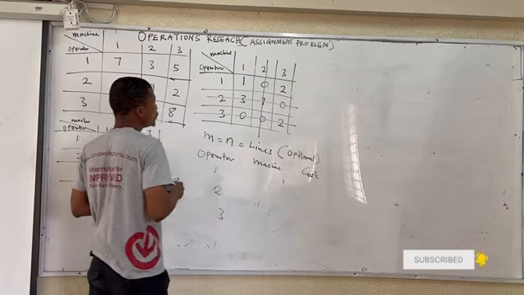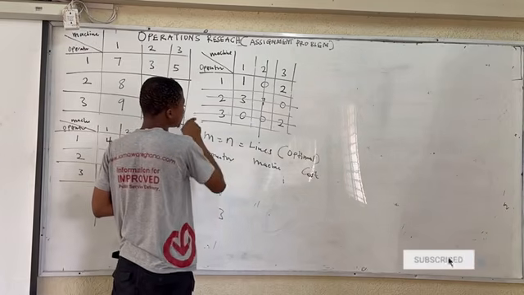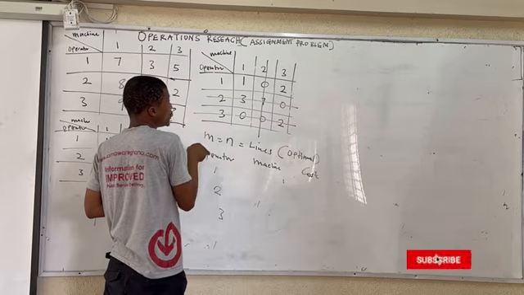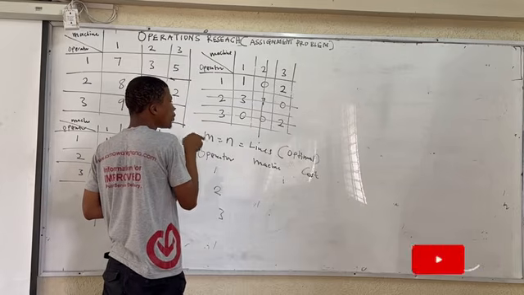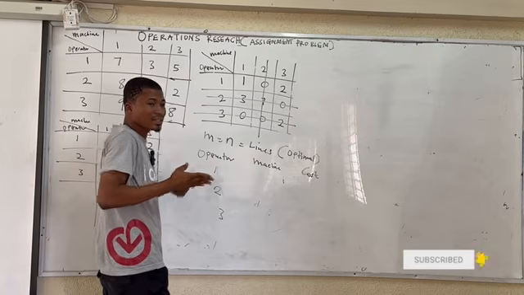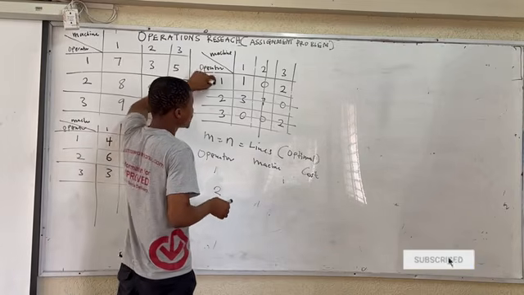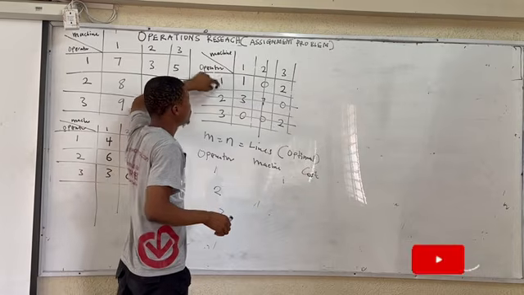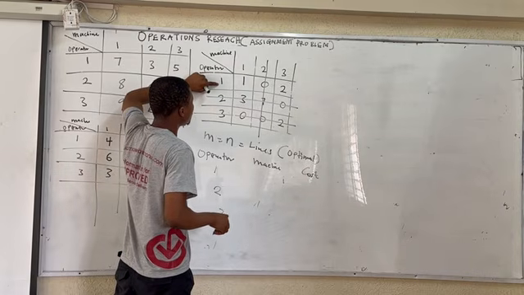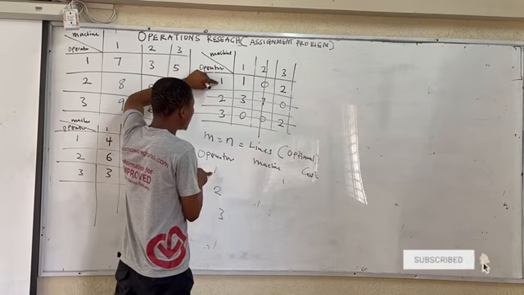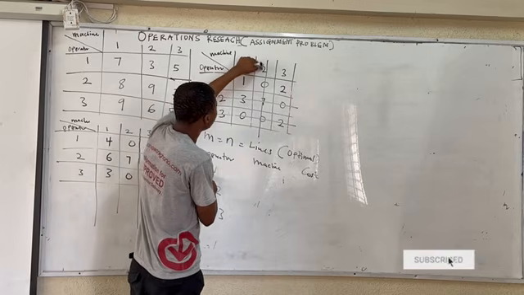Okay. So for you to do this easily, you have to consider your row with the minimum number of zeros, because that one has limited assignment. So you realize that row 1 has only 1 zero. So automatically, operator number 1 will be assigned to machine number 2.